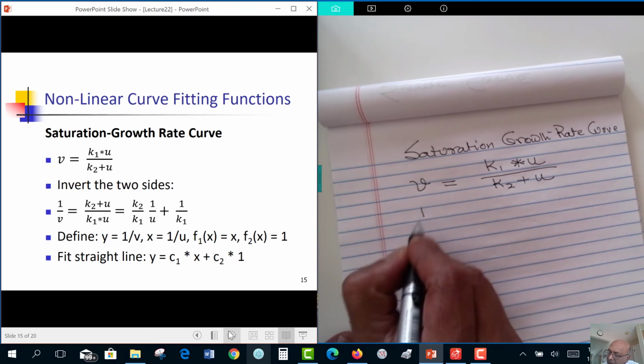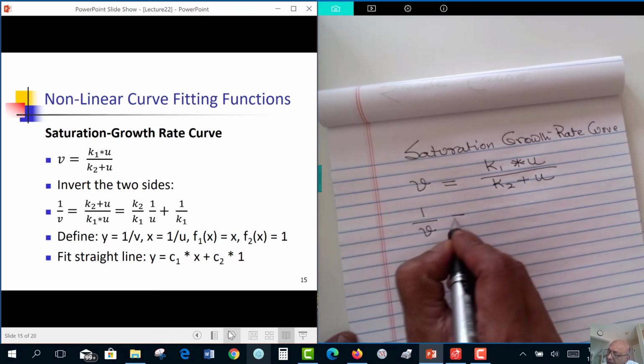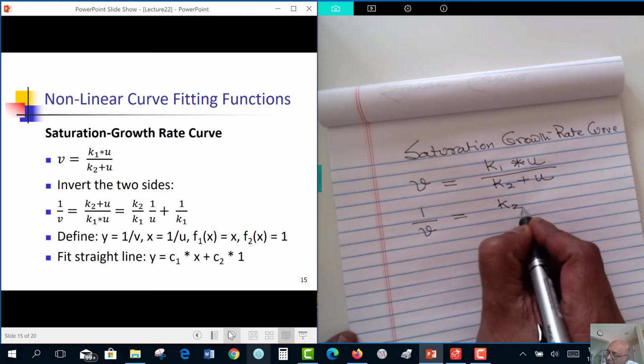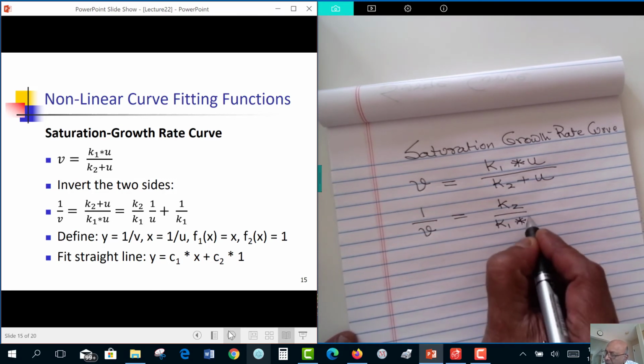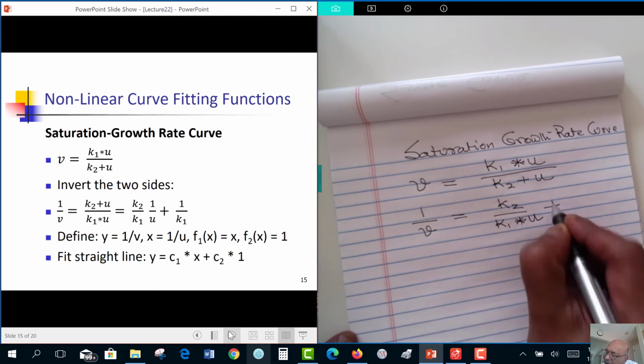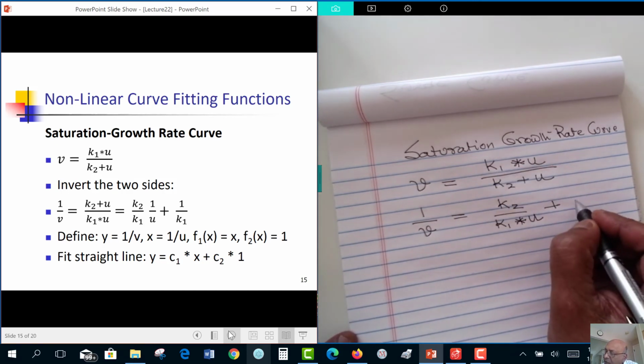So 1 over V will become K2 over K1U plus U over K1U, so we will just get 1 over K1.